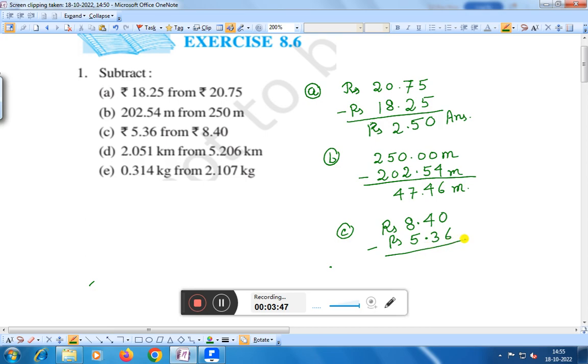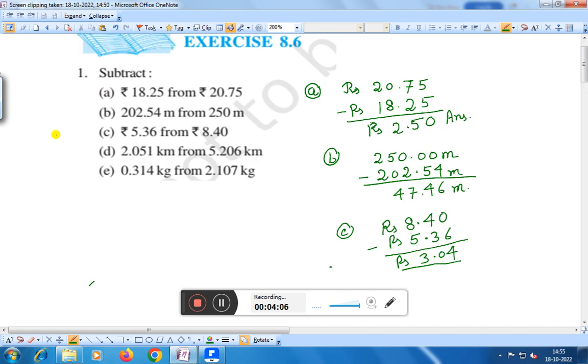That means you subtract it: 6 and 4 carry 1, 3 and 4, 0 and 5, 0, 3 rupees. 3.04. This is the answer of question number C.